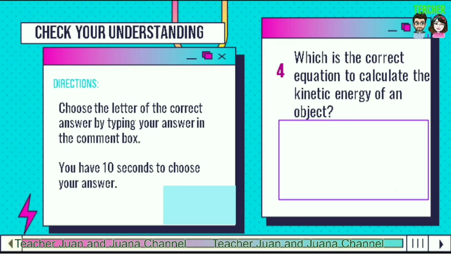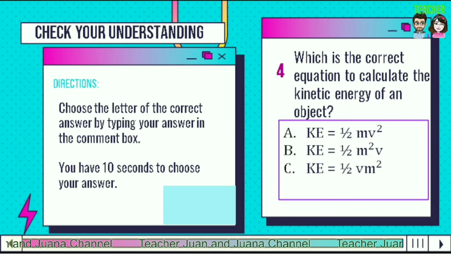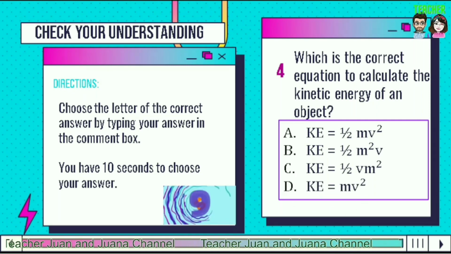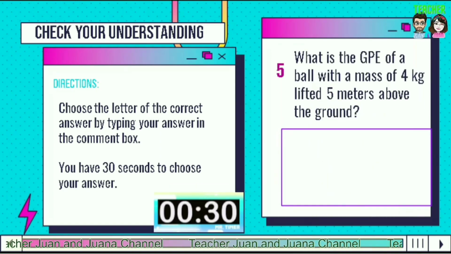Number 4, which is the correct equation to calculate the kinetic energy of an object? If your answer is A, you are correct. And for last number, what is the GPE of a ball with a mass of 4 kilograms lifted 5 meters above the ground?